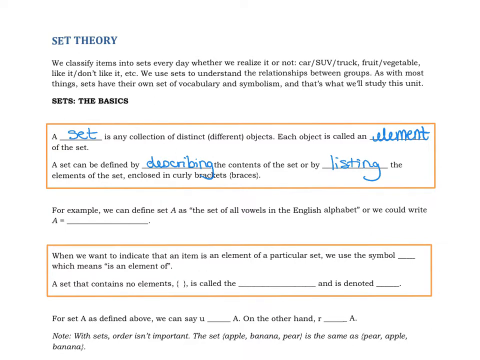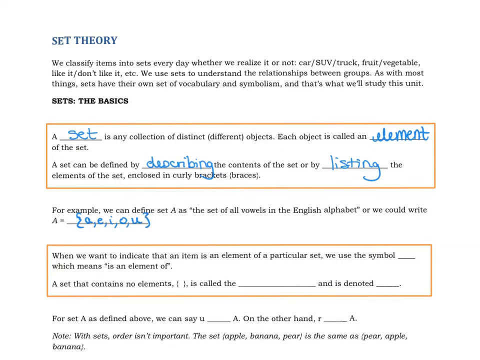So for example, we could define a set A by describing it as the set of all vowels in the English alphabet. Or we could list them all by writing set A is equal to the letters A, E, I, O, and U enclosed in curly brackets.